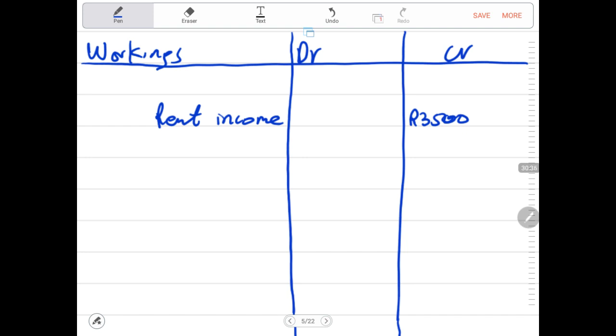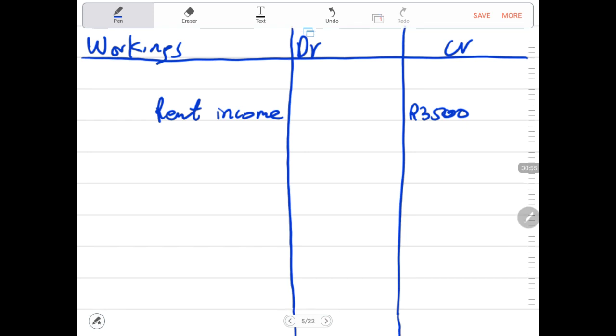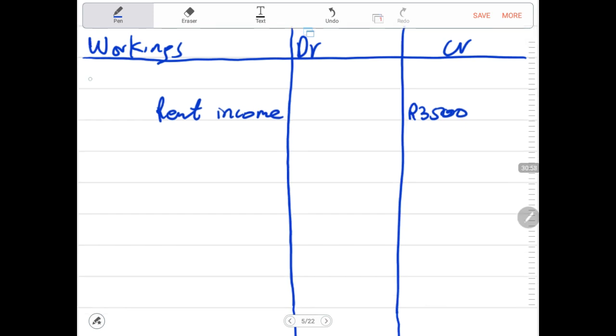Everything we're supposed to have received must be acknowledged as income because we have earned it. Remember, the word earn means something that you're supposed to have received but have not yet received. So now we have credited rental income. Then what do we debit? We debit accrued income.